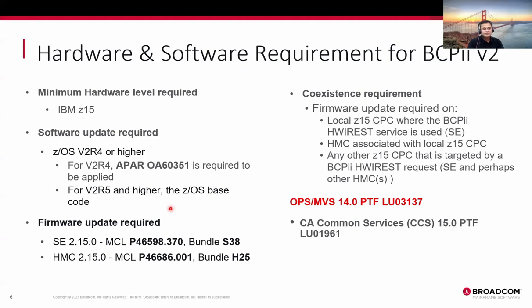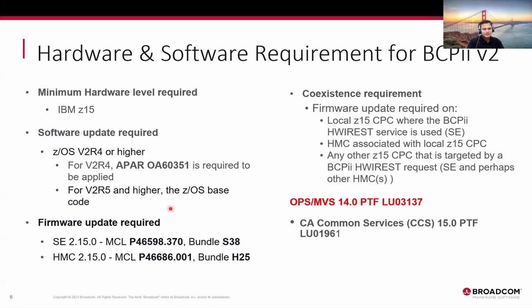For the software, you need a minimum of version 2 release 4 or higher, which includes even version 2 release 5 or 3.1. If you're still running version 2 release 4, which is highly unlikely, you need to have APAR OA60351 applied to exploit the BCPii version 2 REST API features.